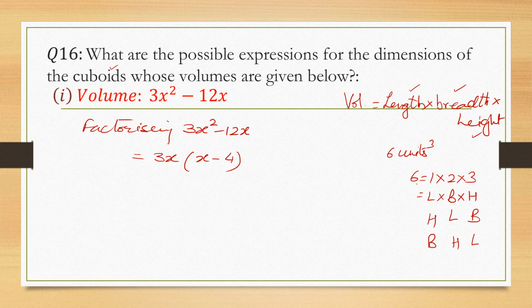Now in this, we have 3 factors, 3, x, and this is the third factor, x minus 4. So it means one of these is length, one is breadth, one is height. So we can write therefore one of the possible expressions, right?